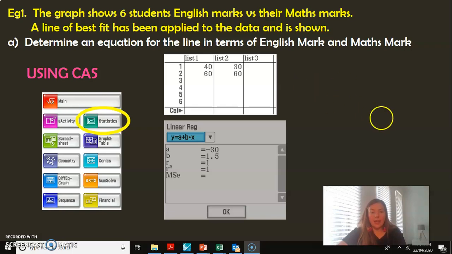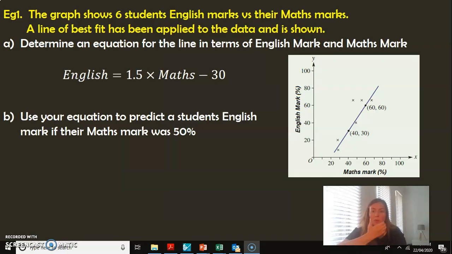Hit OK, and you will get this setup here. It's telling me my a value, which in this case refers to my y-intercept, is negative 30, and my gradient is 1.5, which is exactly what we got from before. So that gives us the same equation as before, and I've rewritten that here.